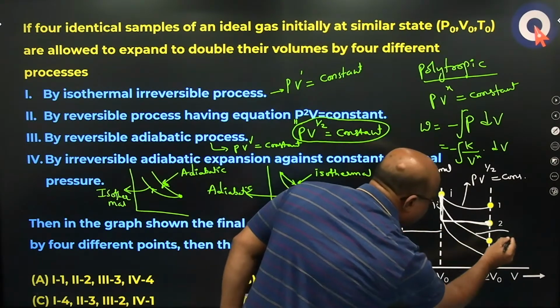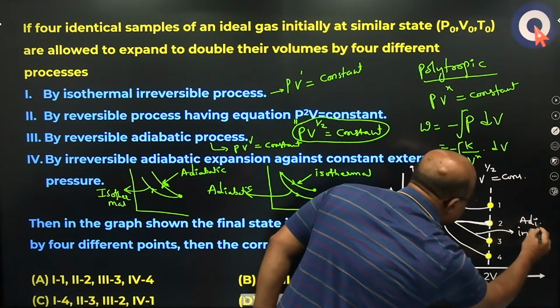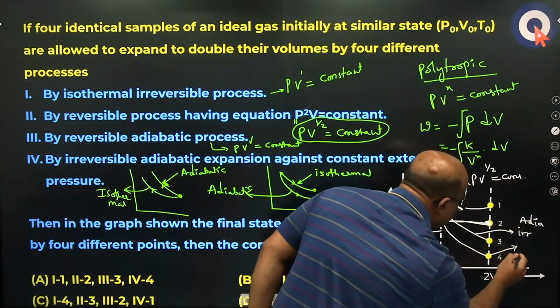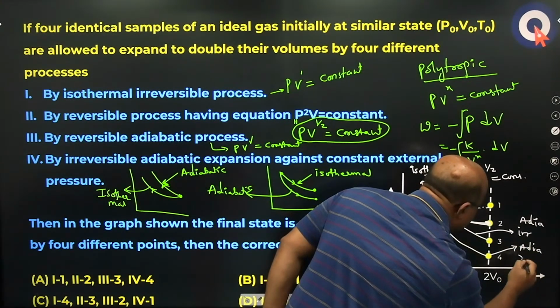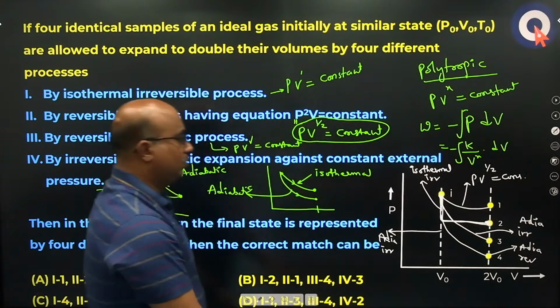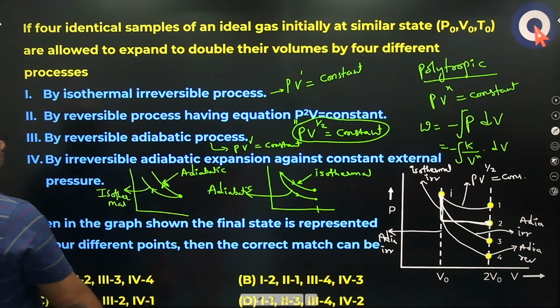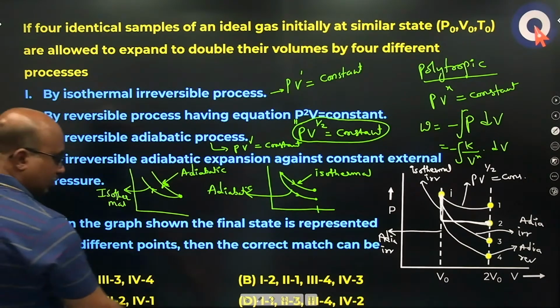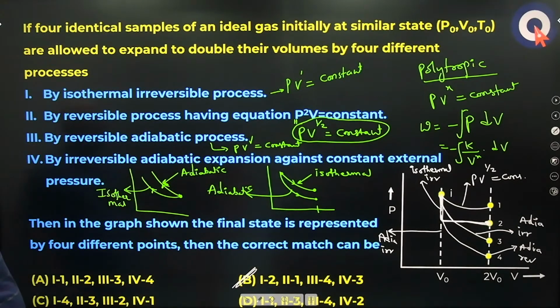So this is actually irreversible adiabatic. This is adiabatic reversible. Clear? So magnitude wise, this is the thing it indicates. Done.